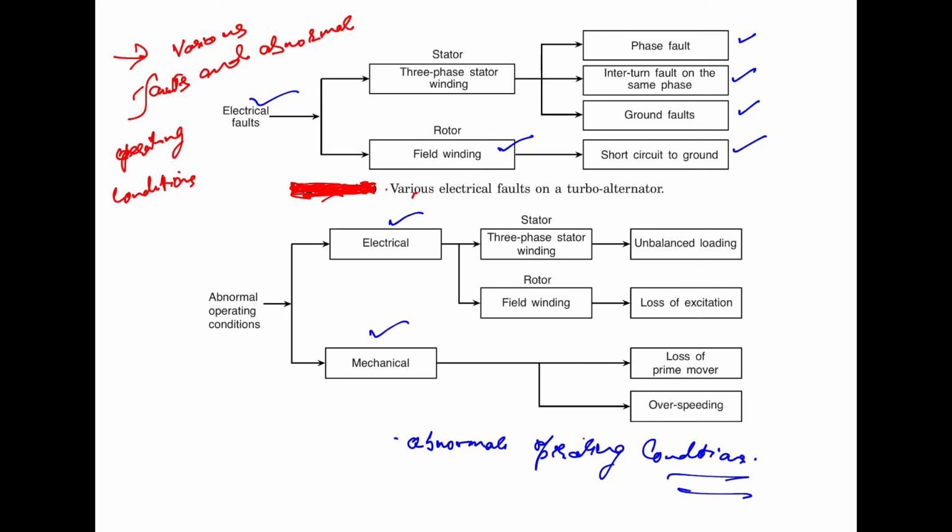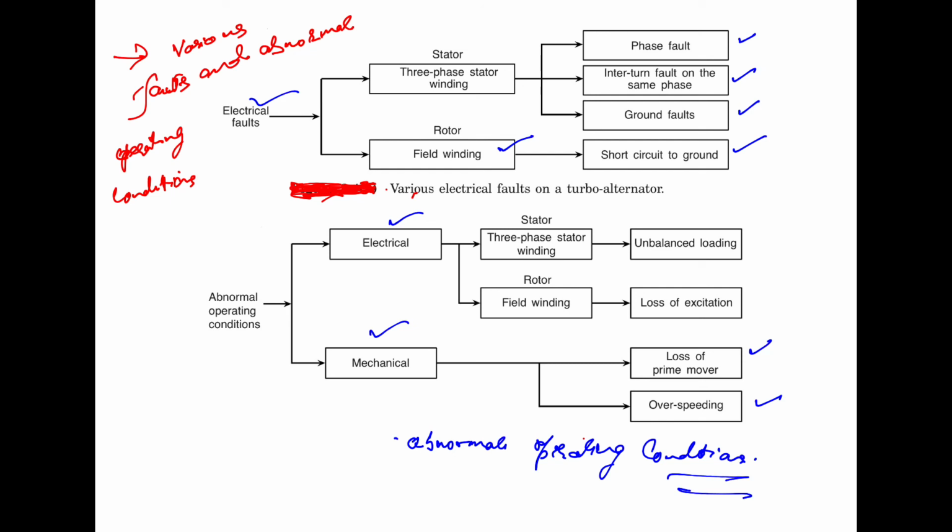Under the mechanical abnormal operating conditions, we have the loss of the prime mover, when the speed of the prime mover decreases because of some issues, and overspeeding, when the speed of the prime mover increases.